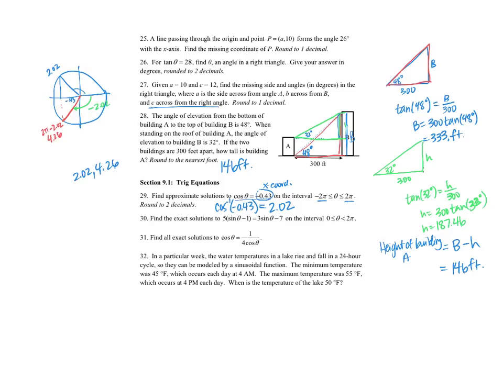And this angle here going all around to that, what is that? Well, that's going to be negative 4.26. Okay? So I'll write those down as well. So those are my two solutions. My four solutions, really.